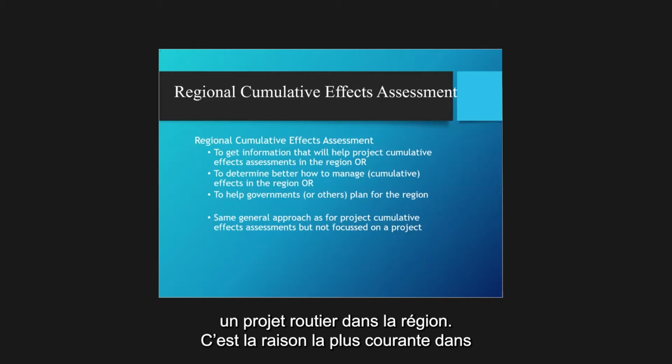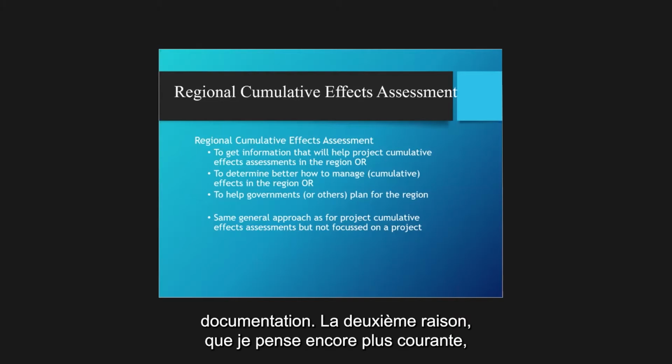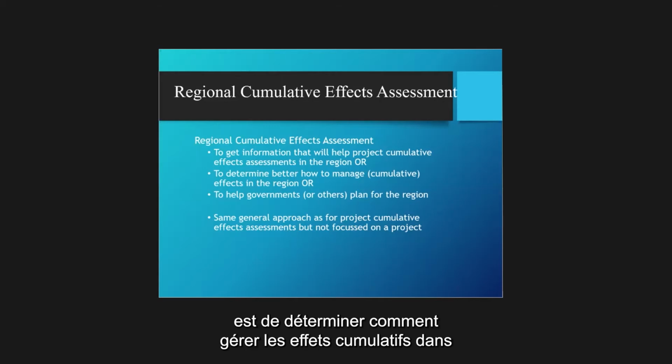That is the one that in the literature is most common. The second possible reason, which I think is actually more common, is to determine how to manage cumulative effects in the region.